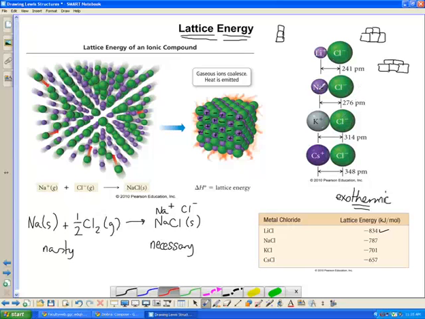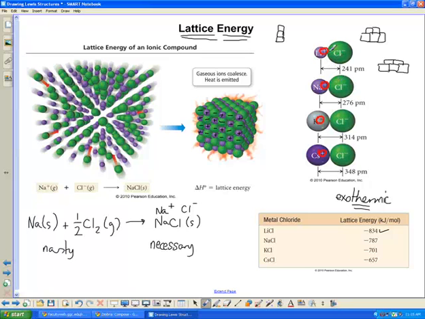Lithium's the smallest, sodium's the next biggest, potassium is the next biggest, and then cesium's the biggest. Notice the charge in each case is exactly the same, +1. So it can't be anything to do with charge, but it's something to do with charge density, which is related to size. The smaller the size of the ion, the higher the charge density is going to be.